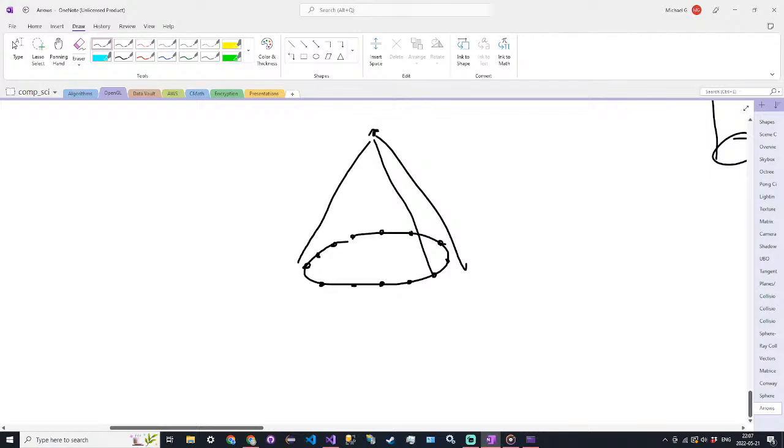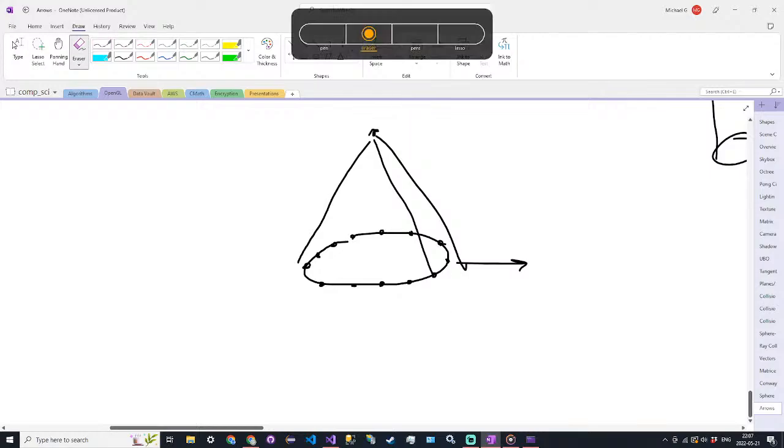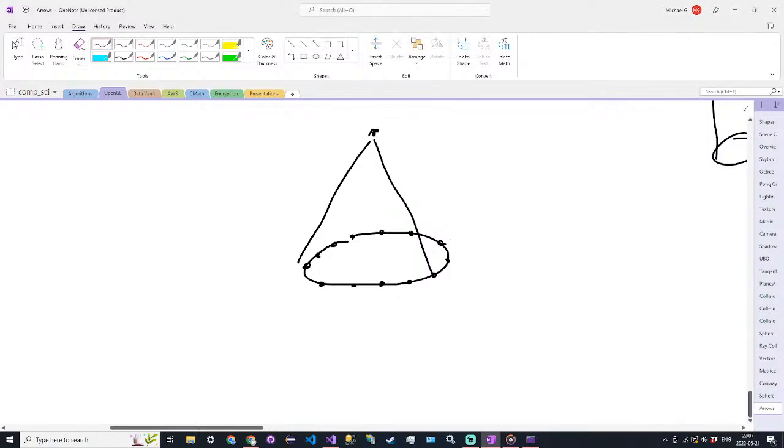And the normal vector in the xz plane, it's going to be pointing out like that, except it has to point up a little bit. So it has to point something like that. So believe me when I say this, but the xz values will be the same as if it was just a circle.